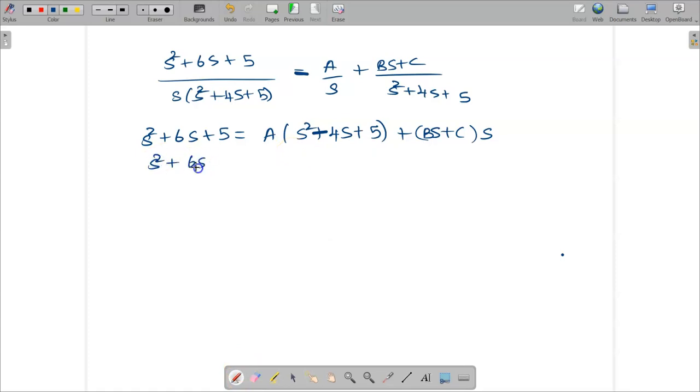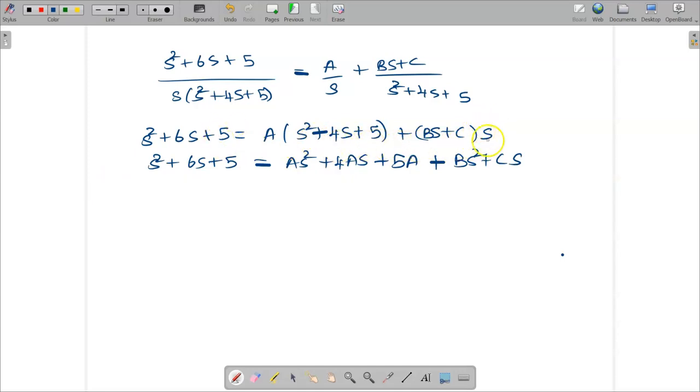So once you have done that, let us simplify the term. s square plus 6s plus 5 is equal to As square plus 4As plus 5A plus, multiplying this term, Bs square plus Cs. Okay. So now we can go for either substitution or comparison. Okay. So anyway, we know that one term I can substitute easily.